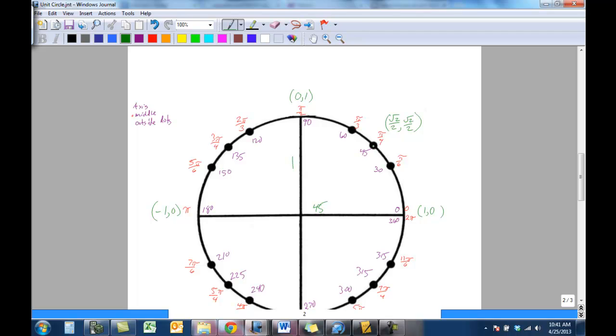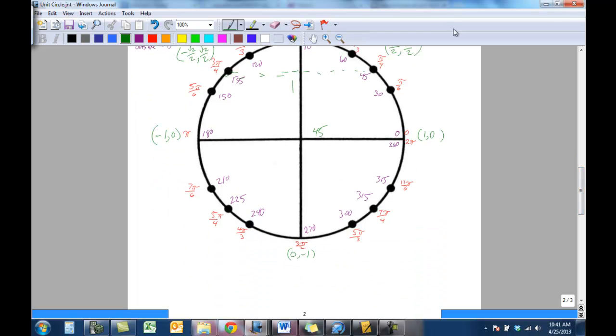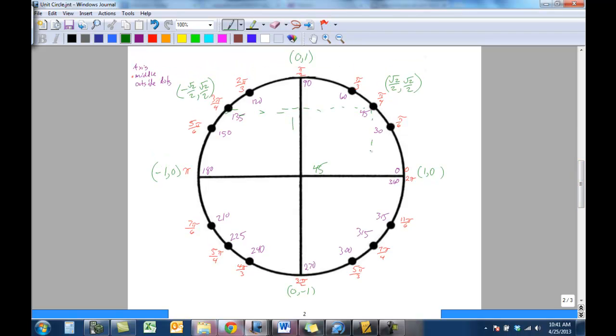Now, this point is very similar to this point right here, right? It's the same height. The only thing is, it went the same amount this way. So the coordinates here are negative root 2 divided by 2, root 2 divided by 2. All right, now again, this first point here is very similar to this point right here, except now this is still positive root 2 divided by 2, but now the y coordinate is negative root 2 divided by 2.